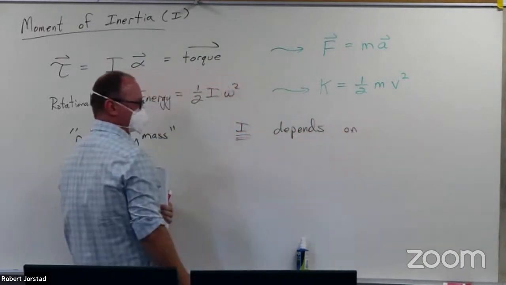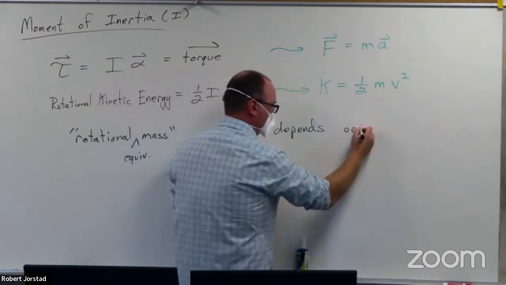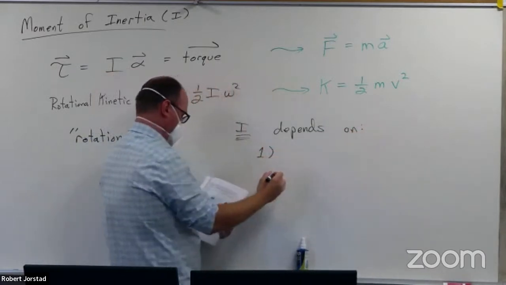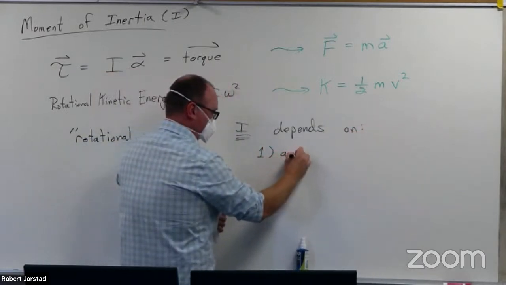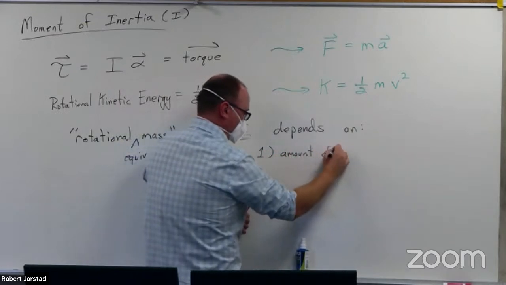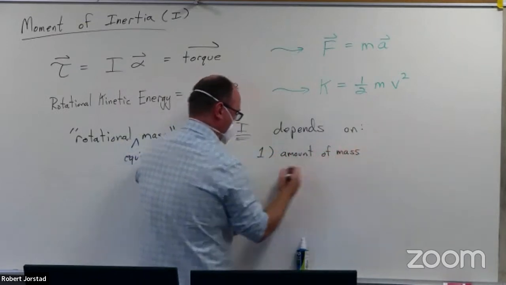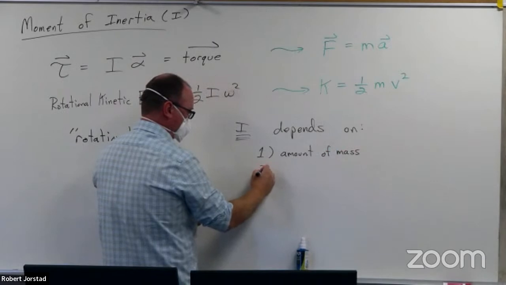Remember, I is the symbol for moment of inertia. The amount of mass, so basically the weight divided by g.